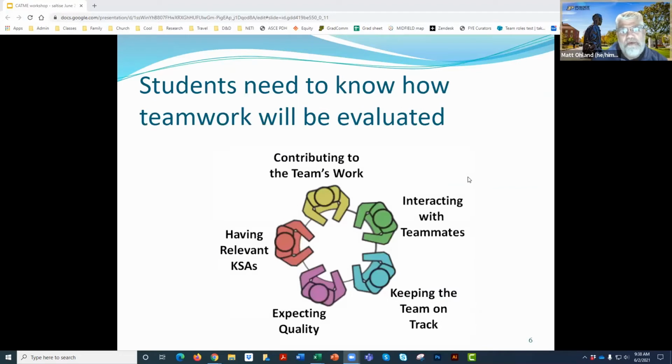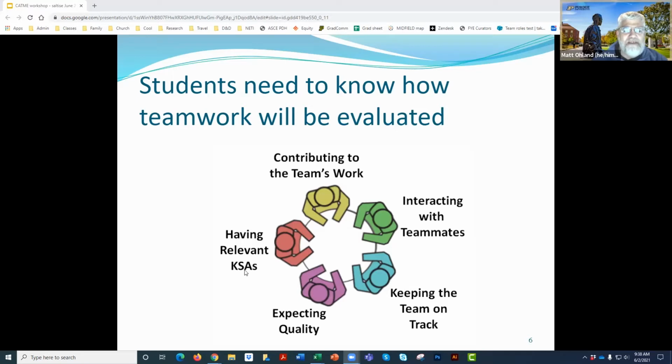So the only other thing I wanted to share is the way that the scientific model is set up. It has these 5 factors. And again, hopefully you saw this in the online videos ahead of time, but briefly, contributing to the team's work is effort. Interacting with teammates is, in students' words, don't be a jerk.